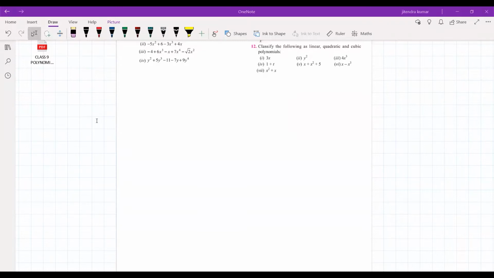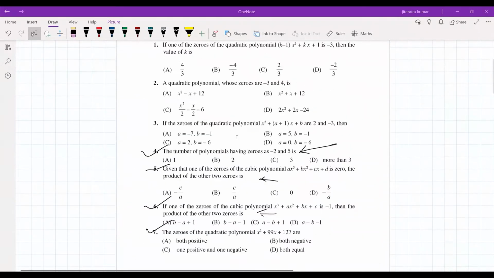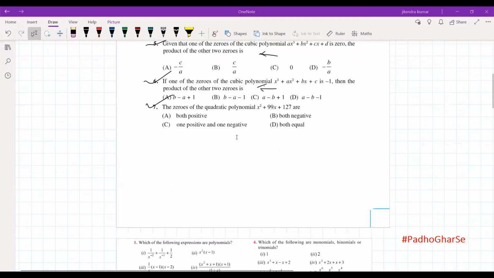Okay, yeah, Lakshya, you are from S2S, right? Yes, sir. Okay, then Charvi, have you completed the assignment? Yes, sir, half.